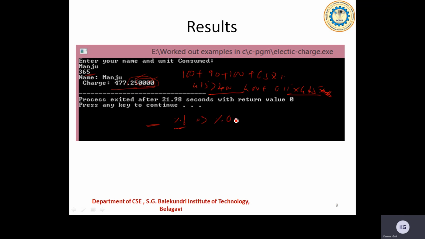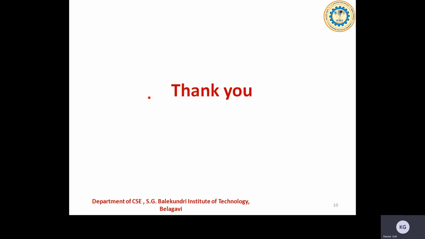Instead of this, if you write percentage 0.2f there, it's going to give you only 2 digits after the decimal point. So this is how it is going to work. Now we have calculated the electricity bill, and this is all about the electricity bill. Thank you so much.